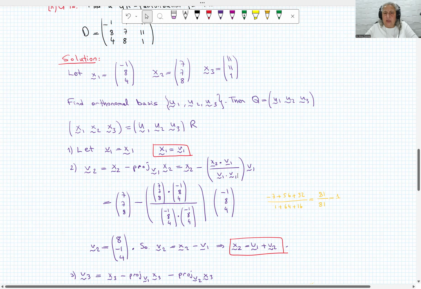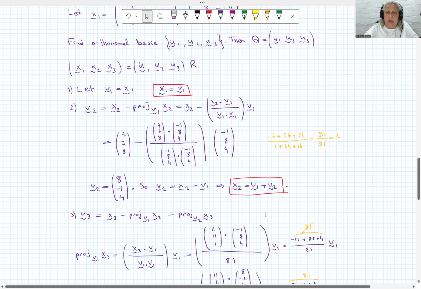These are the dot products, and we calculate them. This number will be 81 and this number will be 81. And then we have really v1 here. So v2 is this vector when we calculate it as a number. And v2 is, in fact, x2 minus v1.